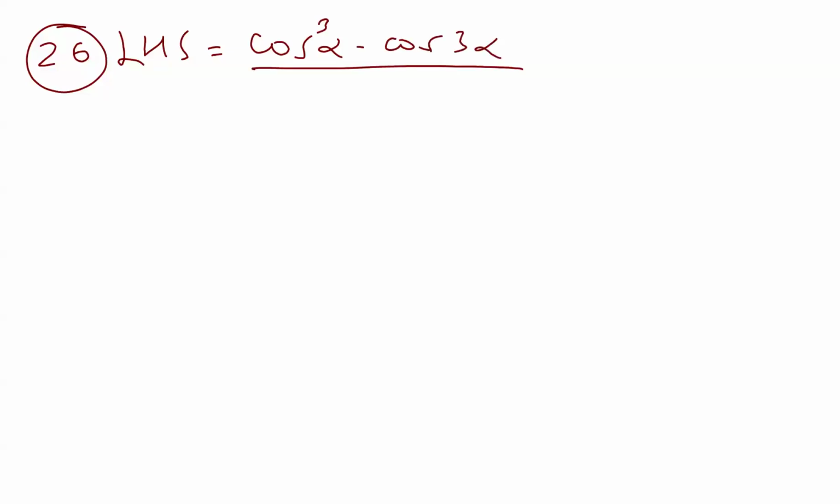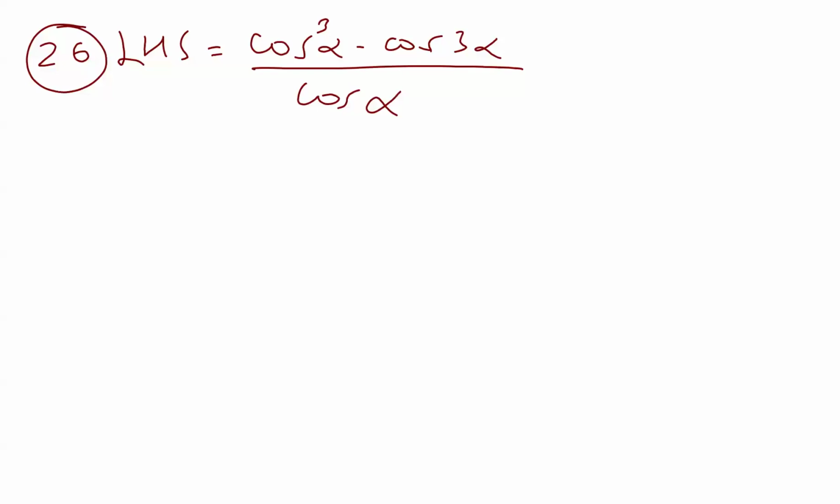Question number 26. Left hand side is equal to cos alpha, cos cube alpha minus cos 3 alpha upon cos alpha, plus sine cube alpha plus sine 3 alpha upon sine alpha.